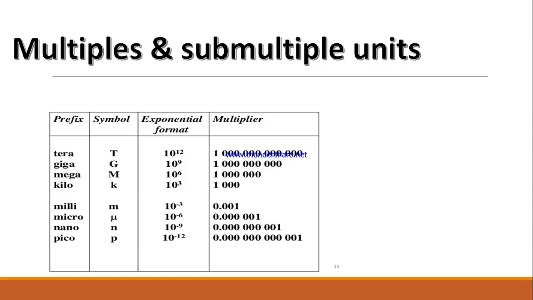If I want to convert millimeters to meters, I divide by 1,000, or 10 to the minus 3. And so all you need to know is if you're going from a bigger unit to a smaller unit, you need to multiply. If you're going from a smaller unit to a bigger unit, you need to divide. And the multipliers are actually all in that column right next there. So just remember them.